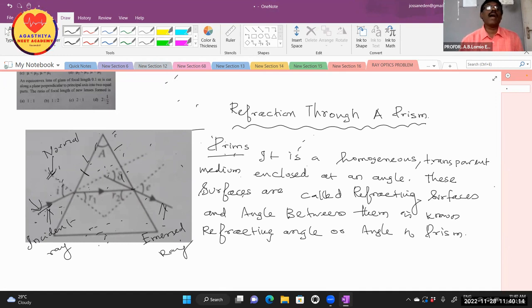I is the angle of incidence. Here E is the angle of emergence.